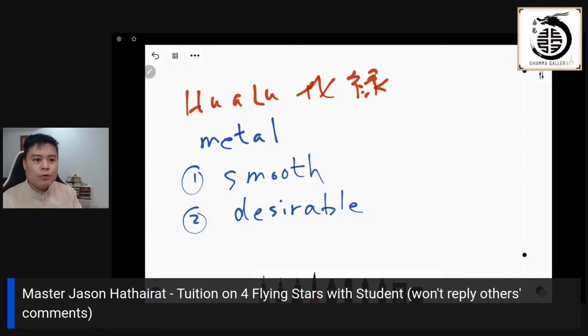For example, if you are able to find 化禄 within your spouse domain, it could mean that your spouse, your wife, will be someone that is desirable, at least towards yourself.